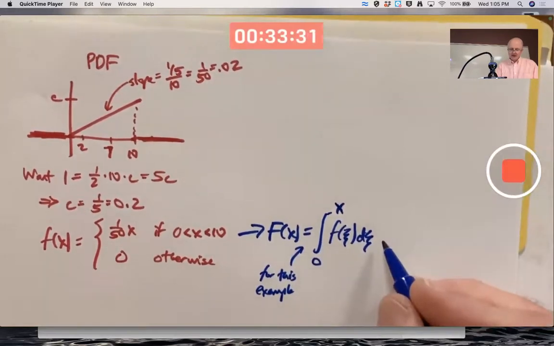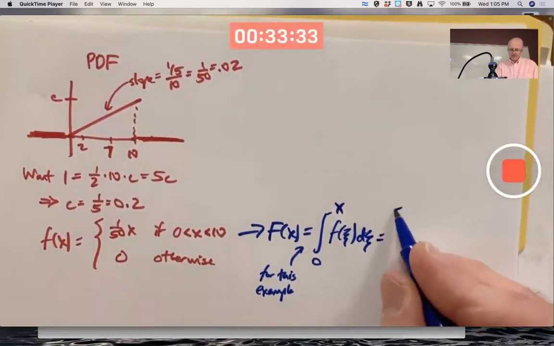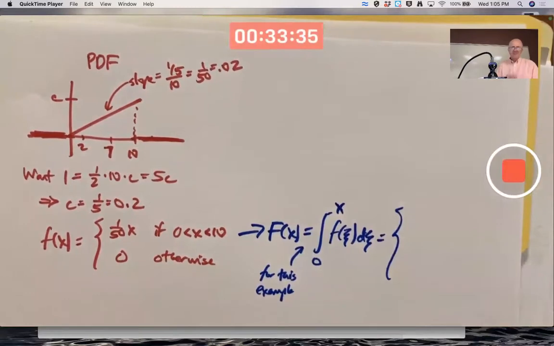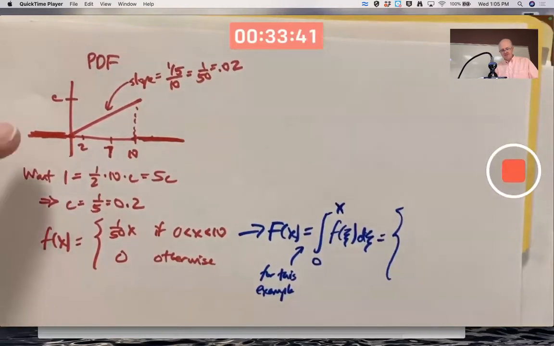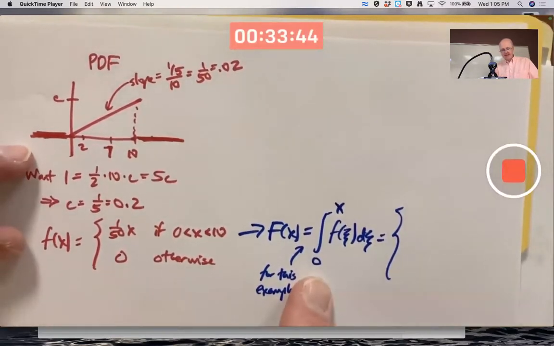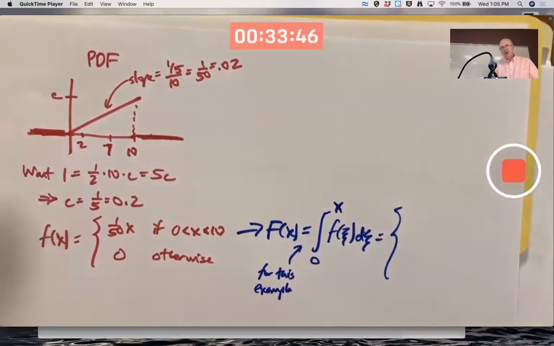This will be a piecewise function too. If x is negative, I'm integrating little f over negative values. Well, if this were minus infinity to x and x is negative, little f is 0 over here. I'm going to get 0.